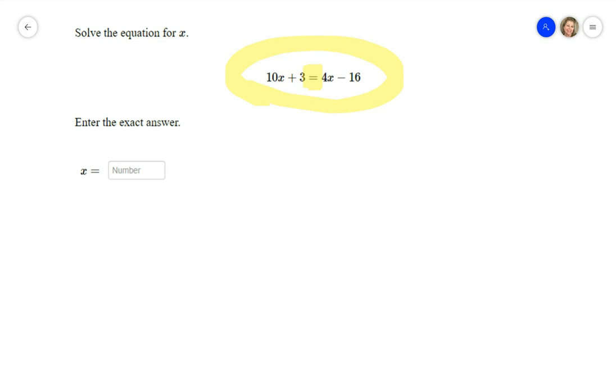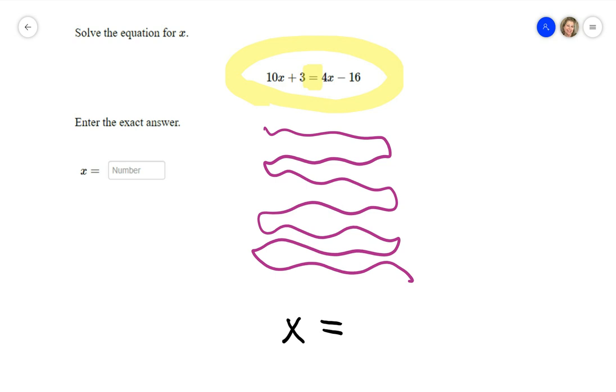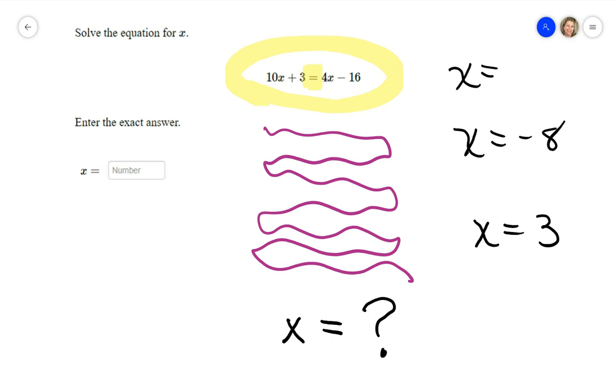Now, no matter what the equation looks like, and no matter how many steps you have in between here, doing a whole bunch of work, the very last step should always end with the variable on one side, the equal sign in the middle, and then whatever number you solve it for. Most people like the x to be on the left because they like it to say x is equal to 3, or x is equal to -8, or x, God forbid, equals 2/3.